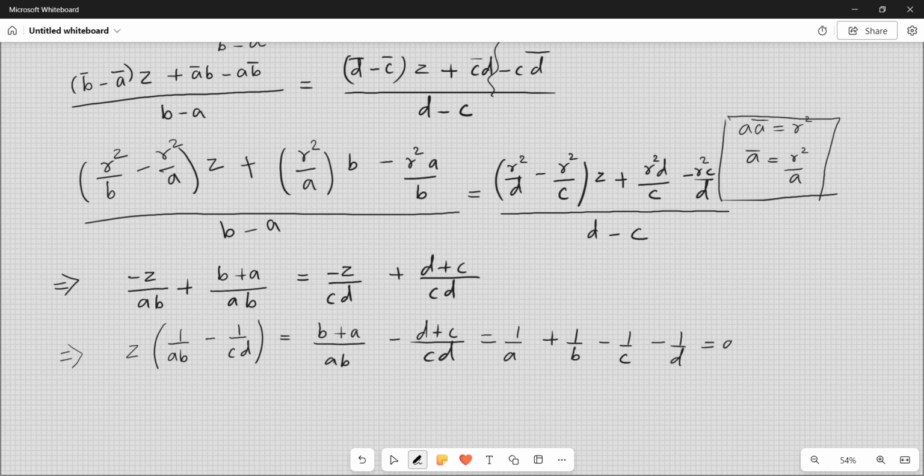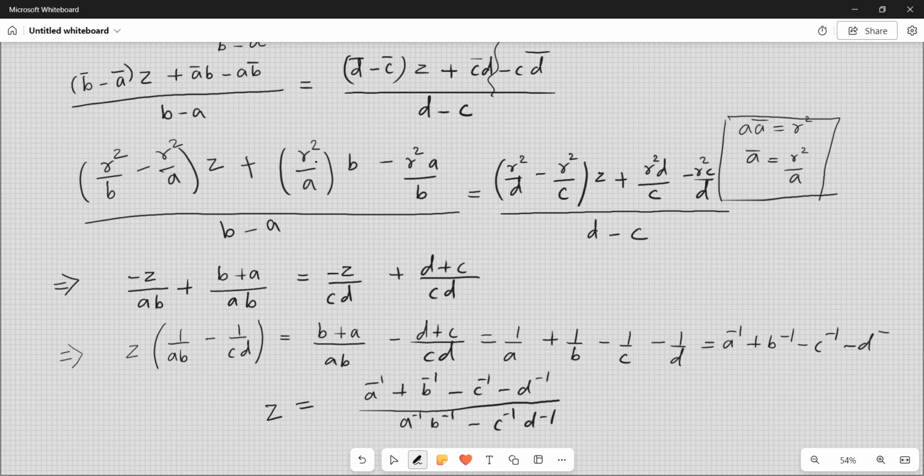So this can be written as a inverse plus b inverse minus c inverse minus d inverse, right? And from here I can write, therefore z is equal to (a inverse plus b inverse minus c inverse minus d inverse) upon (a inverse b inverse minus c inverse d inverse).